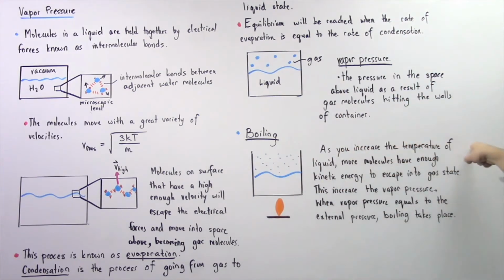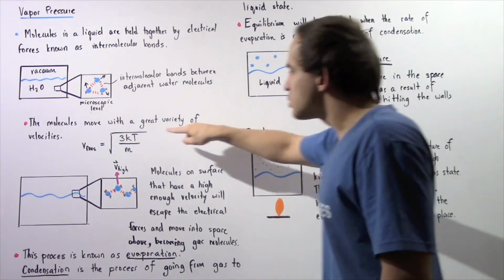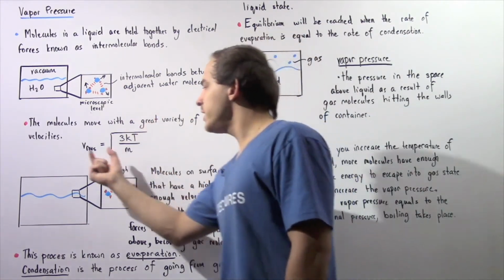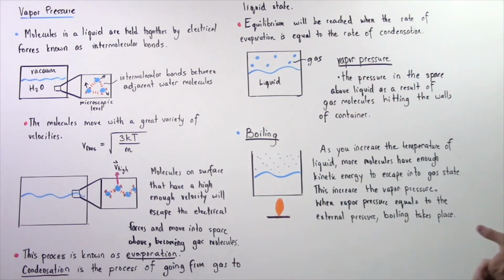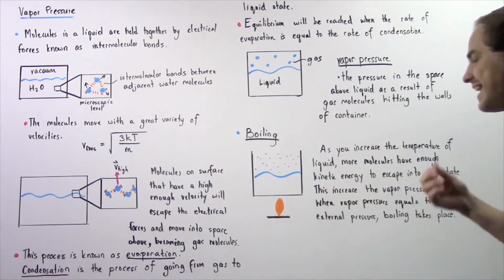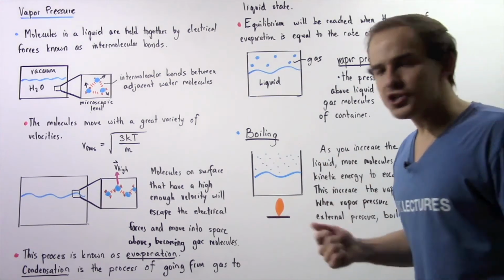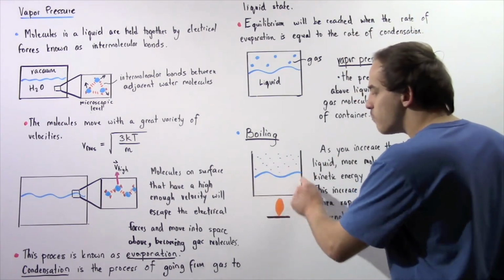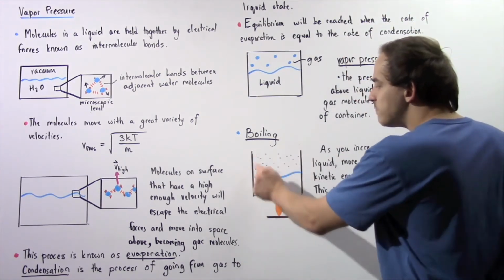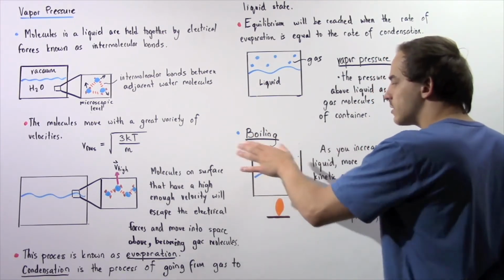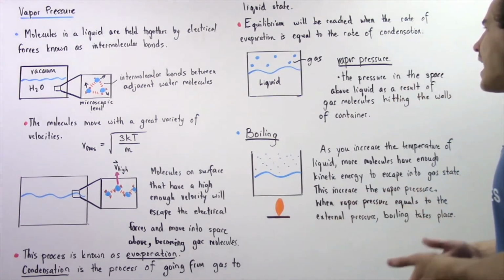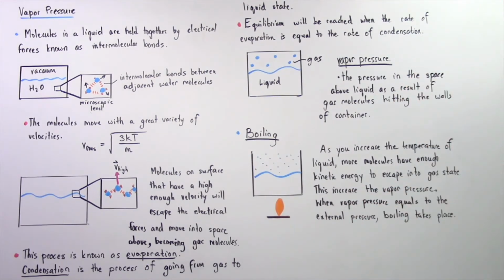So we increase the temperature, we increase the velocity, and we increase the kinetic energy of our liquid molecules. So this increases the vapor pressure because we have more molecules escaping, we have more molecules in the gas state. And so more molecules are hitting the walls of the container, and so we have a higher vapor pressure.